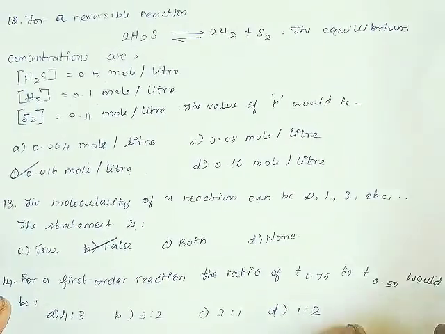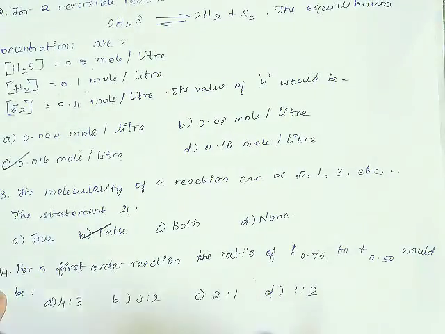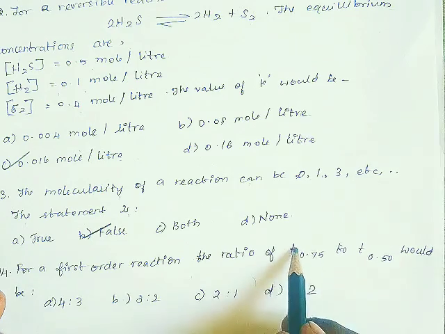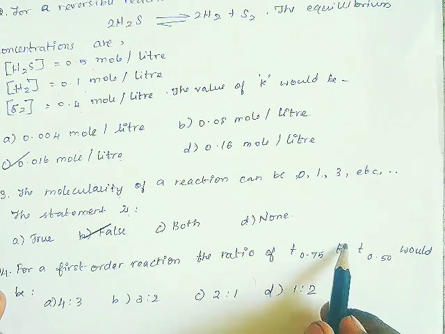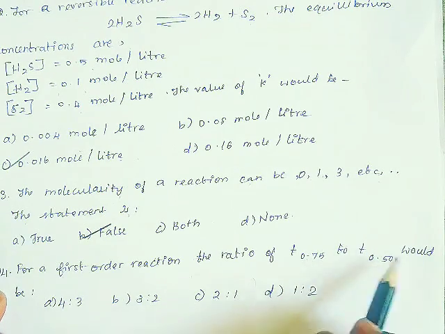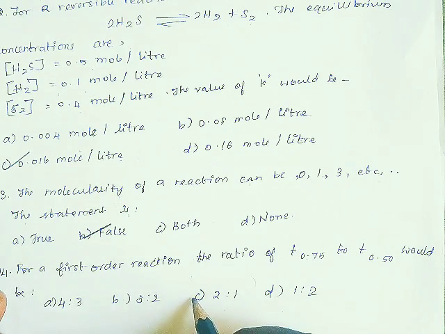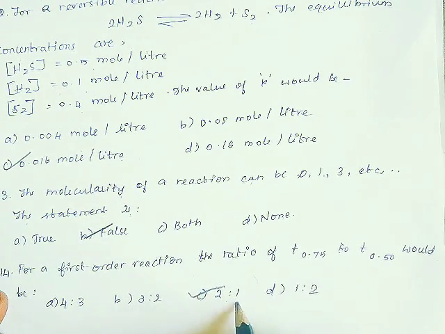Next, 14th question. For a first order reaction, the ratio of t 0.75 to t 0.50 would be, and the correct answer is option C, 2:1.